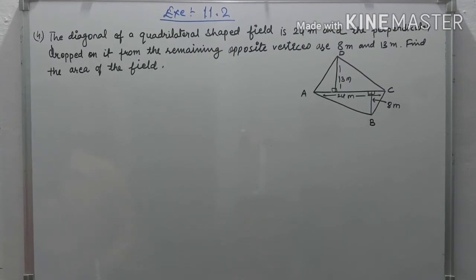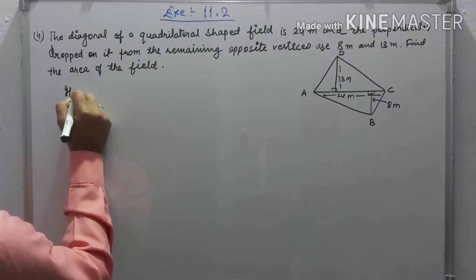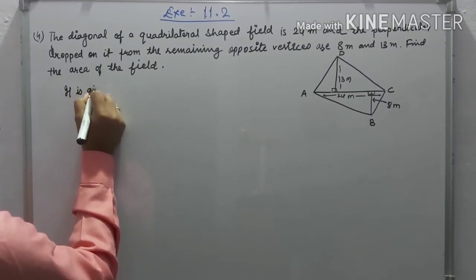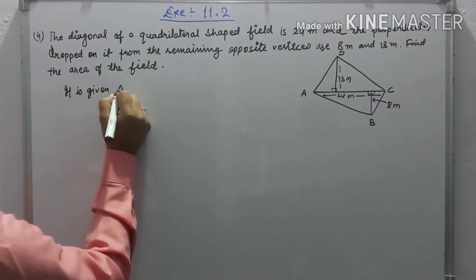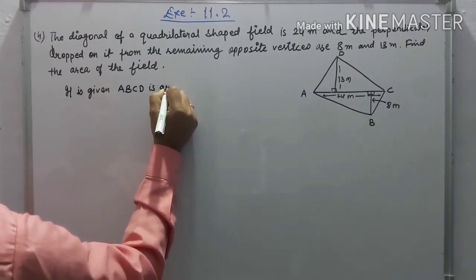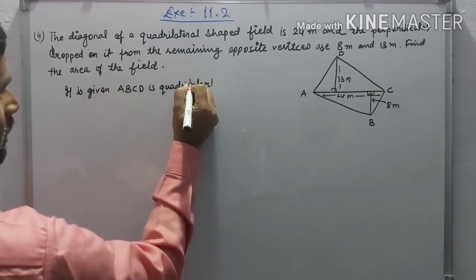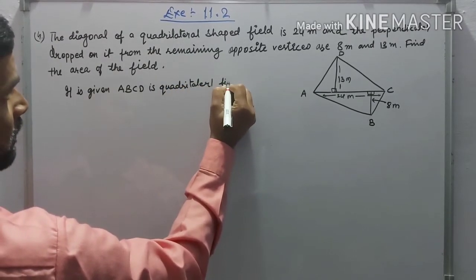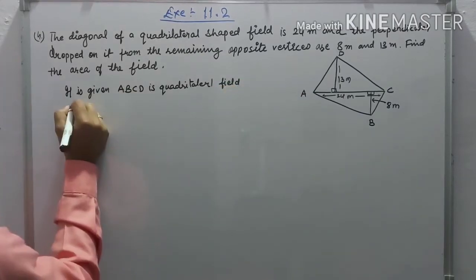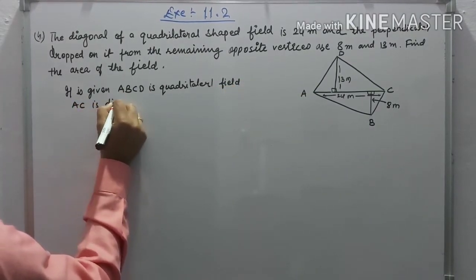So what is given? ABCD is a quadrilateral field, and AC is a diagonal.